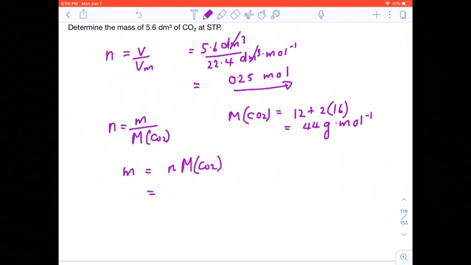That is 0.25 moles, which we got from there, times 44 grams per mole, which gives us 11 grams. Right, so the mass of 5.6 dm³ of CO2 at STP is 11 grams.